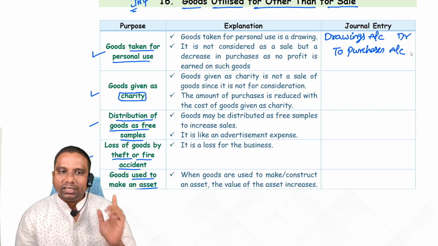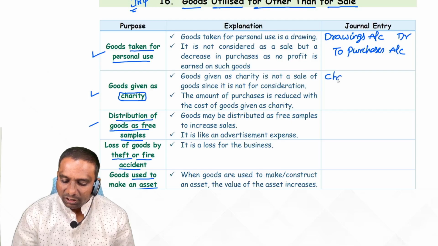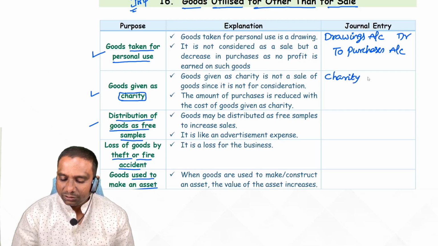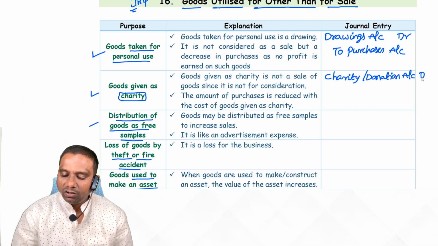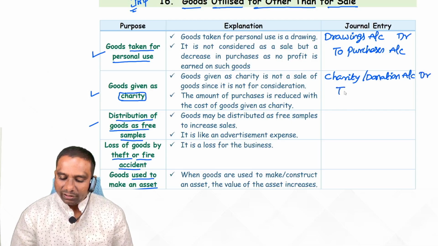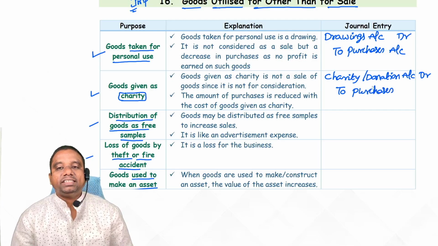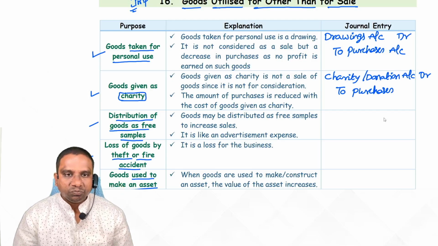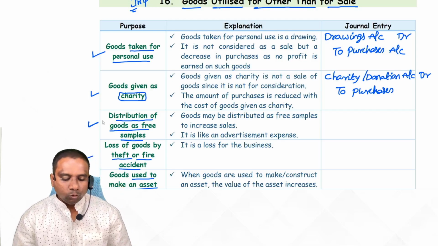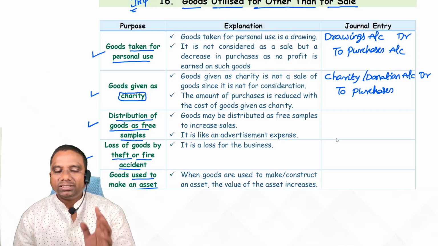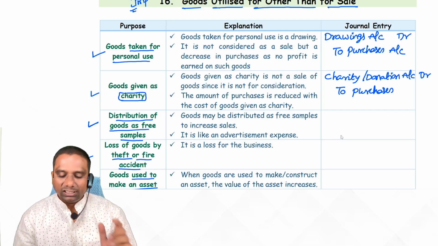Goods given as charity. Simple. Charity or donation account to debit, which becomes an expense for us, to purchases account. In all these cases, purchase account balance gets reduced. Next, third one, distribution of goods as free samples. Free samples are given only for what purpose? Advertisement purpose.